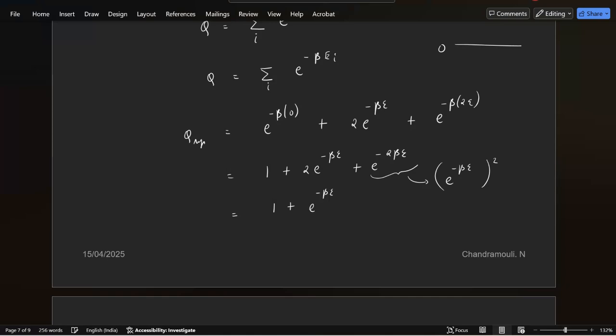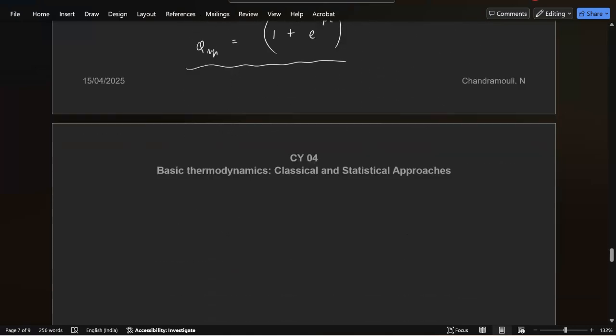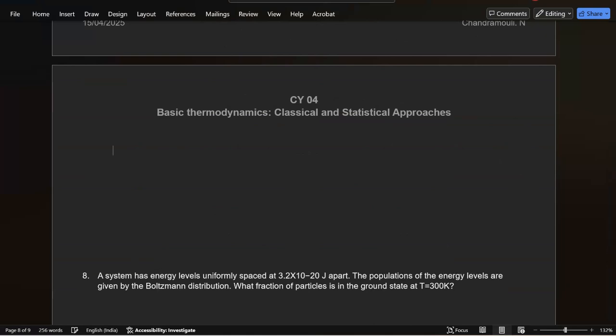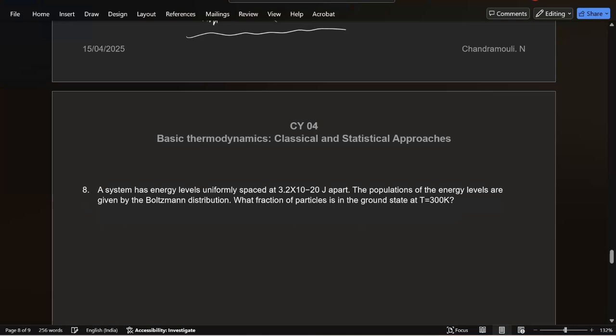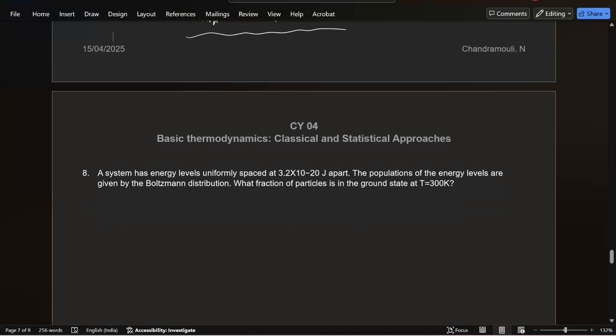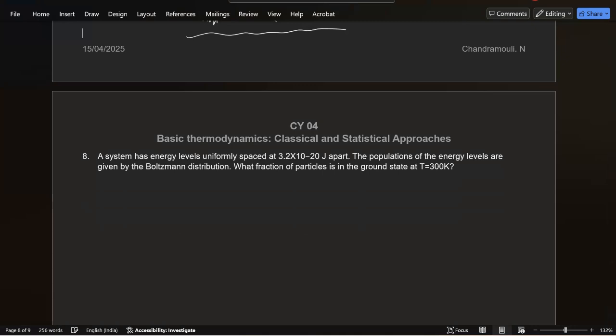This is the partition function of this given system. Okay. Fine, Jaideep. Did you understand that? Yes, sir.